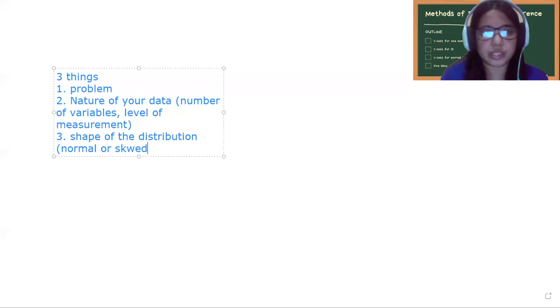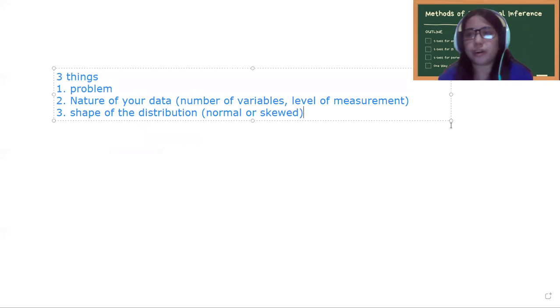Or in other words, this is what we call skewed. So we actually need to consider this before we can decide if our data and our problem is solvable using inferential statistics. And what are the different methods of statistical inference?